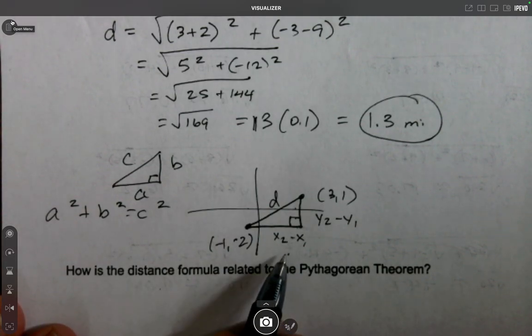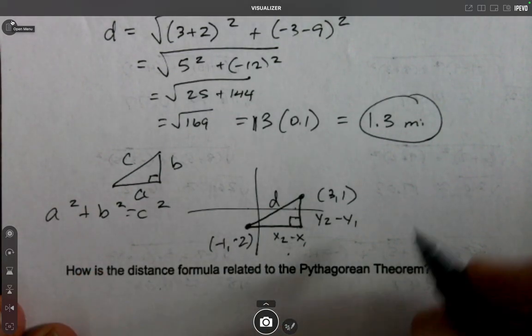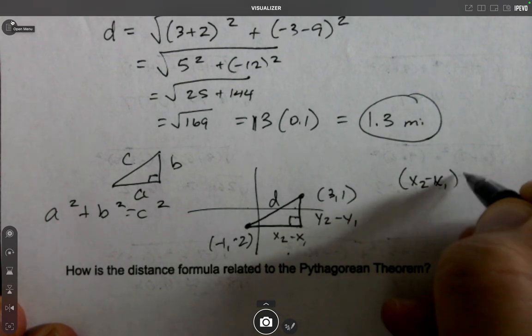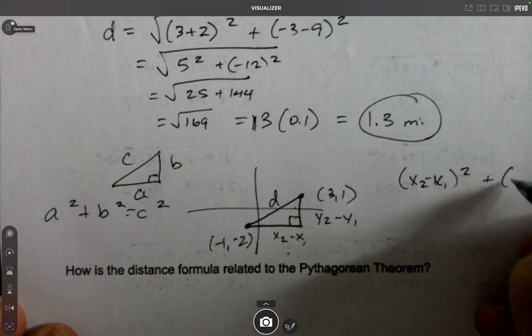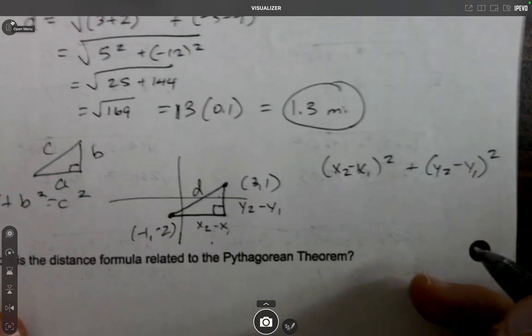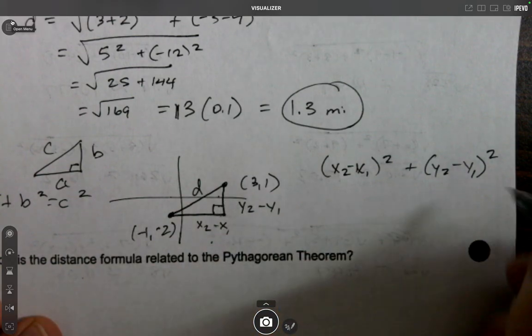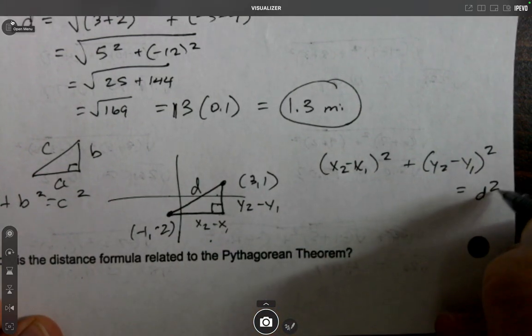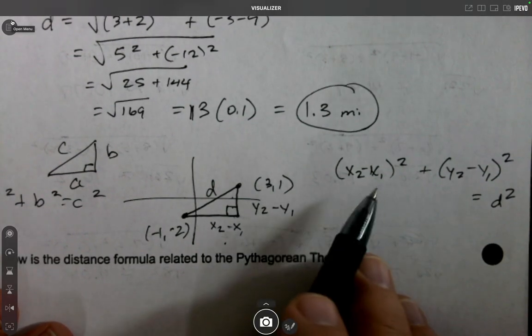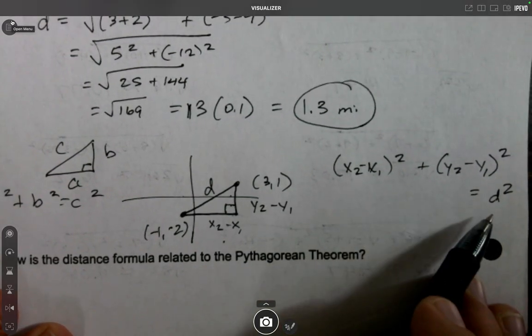So let's try plugging this into the Pythagorean theorem. We do (x2 minus x1) squared plus (y2 minus y1) squared. And that's equal to the hypotenuse, which is the distance squared. So this is really a squared plus b squared equals c squared.